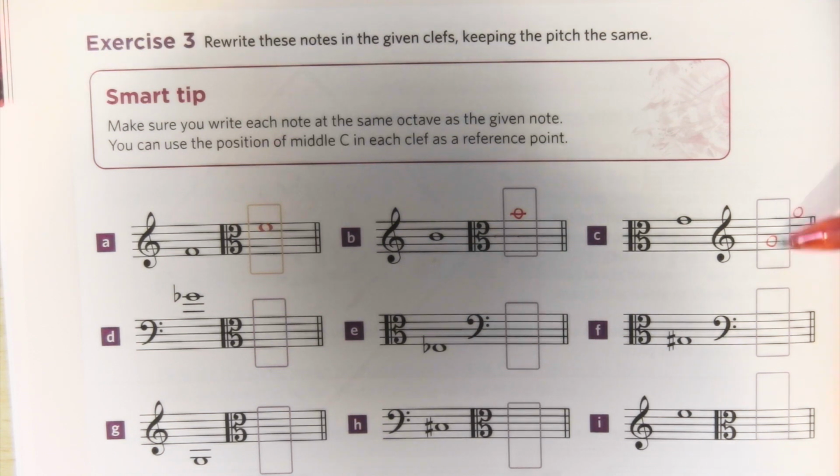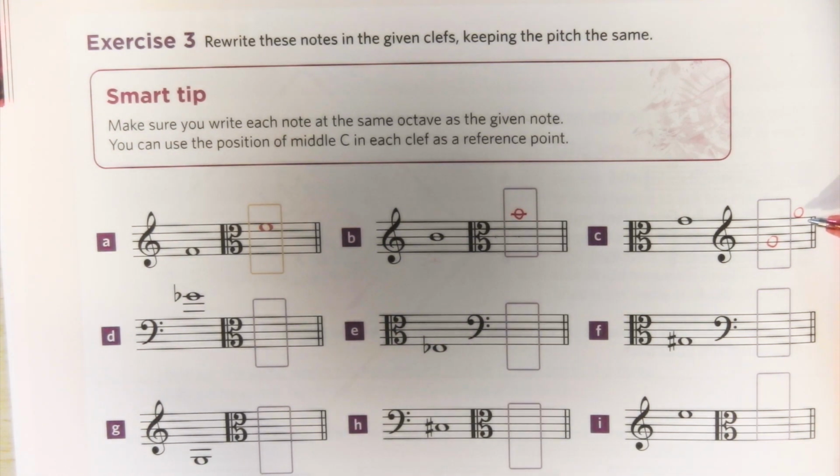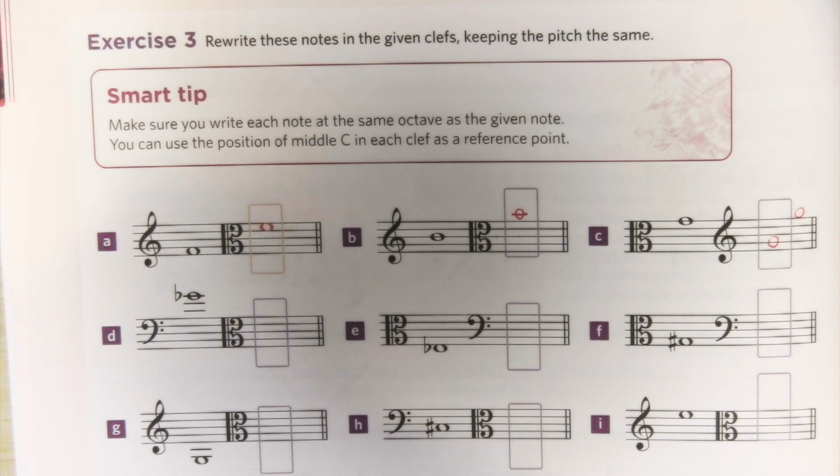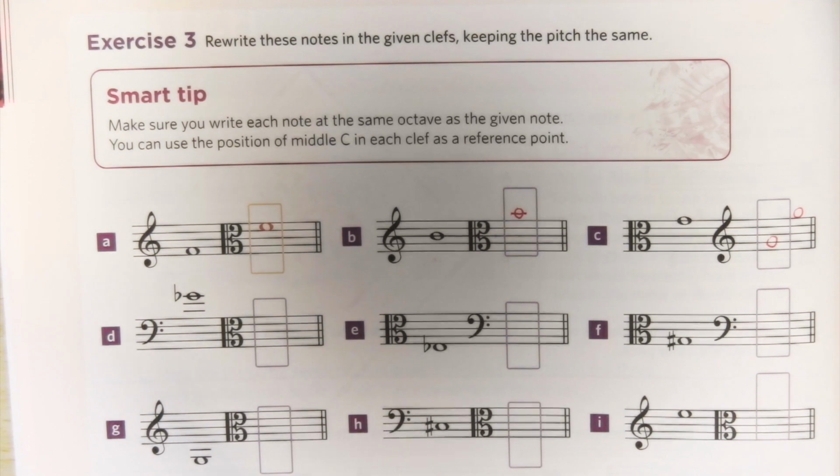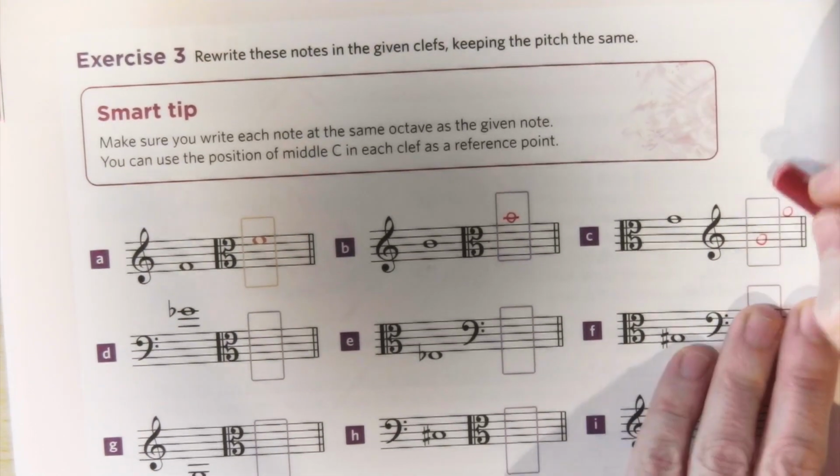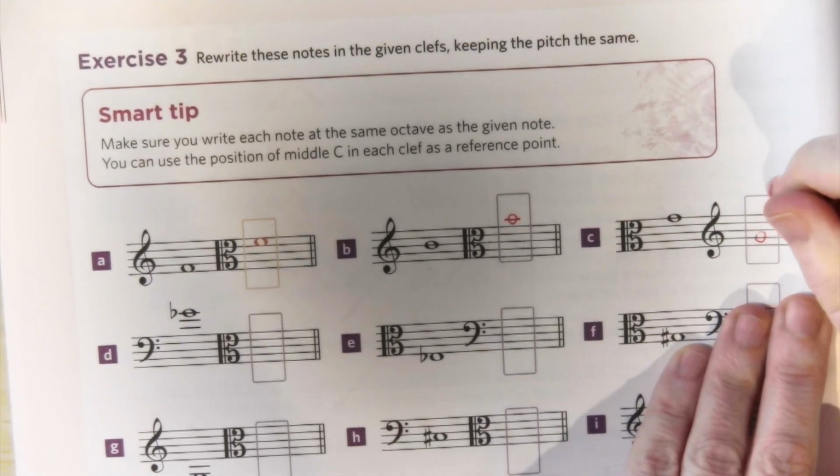Therefore, where you write it on the stave does make the difference. If you would ask an instrument like a contrabass to play this note, it wouldn't be possible. So it is important to write the notes in the right octaves. Okay.